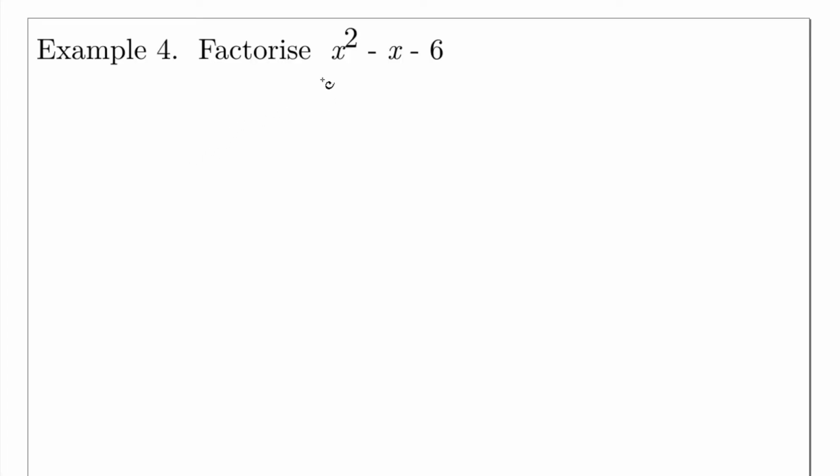Okay, moving to example 4, we have to factorize x squared minus x minus 6. And it's tempting to try and take out an x out of these expressions, but what you need to remember is that if you're asked to factorize a quadratic expression in the form ax squared plus bx plus c, you'll have to use a different method of factorization than just looking for common factors in all three terms.